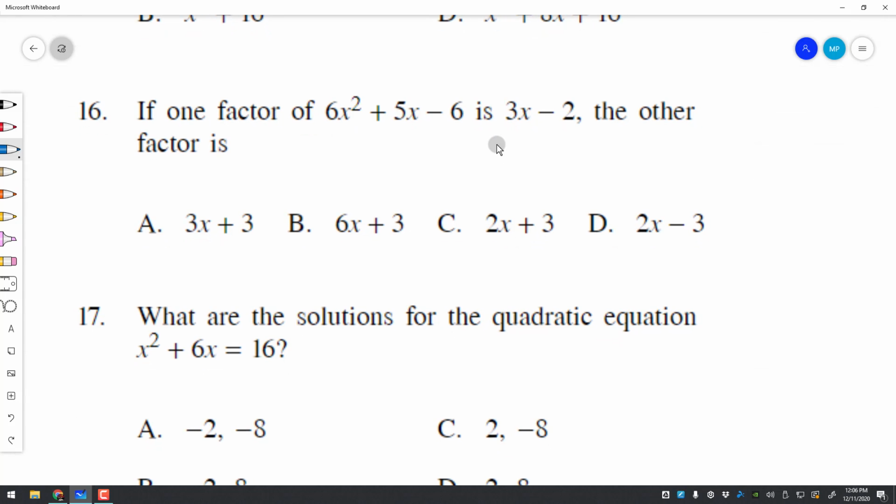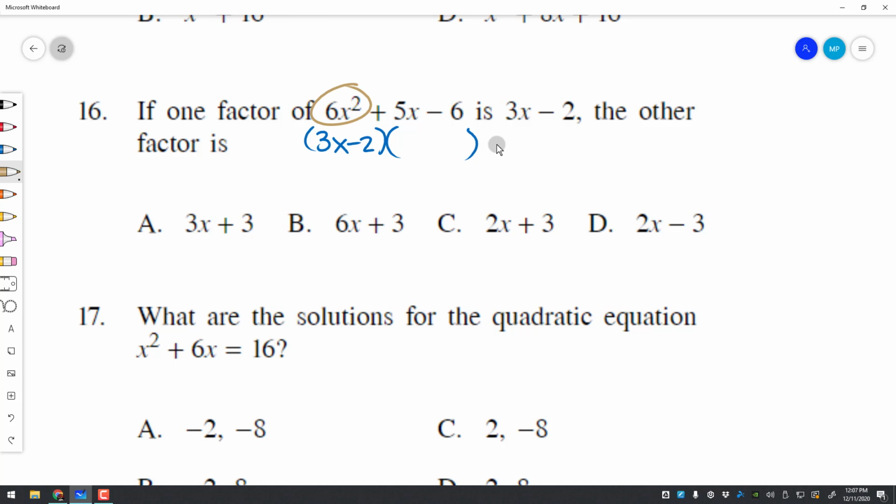16. If one factor of this quadratic is 3x minus 2, the other factor is blank. Well, let's think about this. I have two factors that, if I were to multiply them together, should give me this quadratic. And it told me one of them is 3x minus 2. What is the other factor?